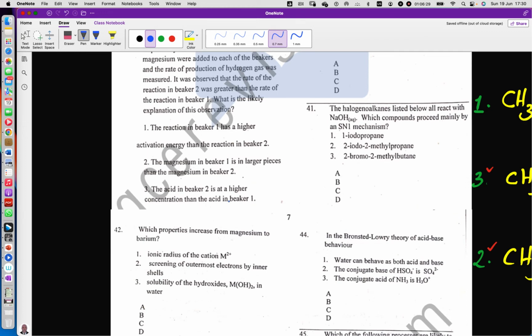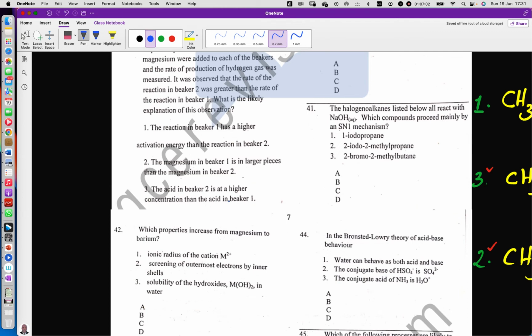Here we need to know which one is a primary, secondary, and tertiary halogenoalkane, because only tertiary and secondary halogenoalkanes will undergo SN1 mechanism. Once more, note, only tertiary and secondary halogenoalkanes will undergo SN1 mechanism.